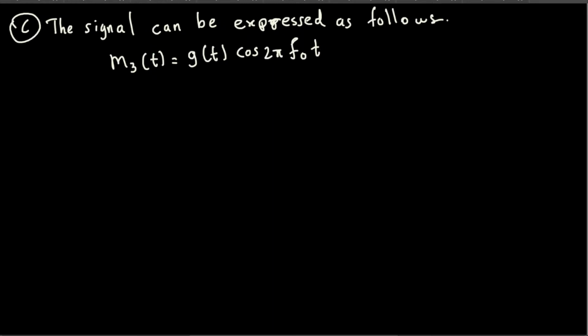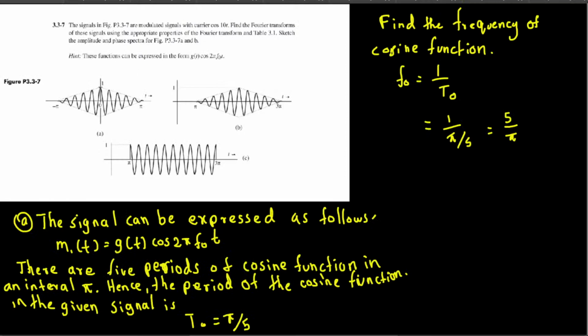So let's look at the periods. For this one we had from 0 to 5, 5 periods. Now here we have 2 to 5. Let's count all of them. If I start from here, this is 1, this one is 2, 3, 4, 5, 6, 7, 8, 9, and this one is 10.